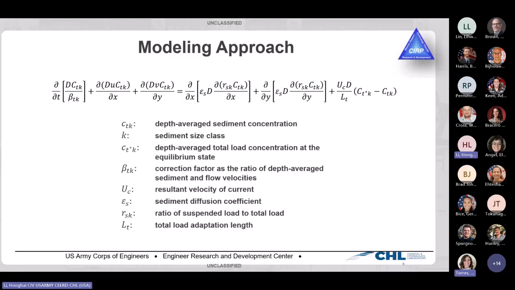If you run multiple grain sizes, each grain size will use this equation to calculate the transport. For the sediment we are going to trace, we just specify one of the grain sizes. From the output, we can see how that sediment behaves and moves in the system.